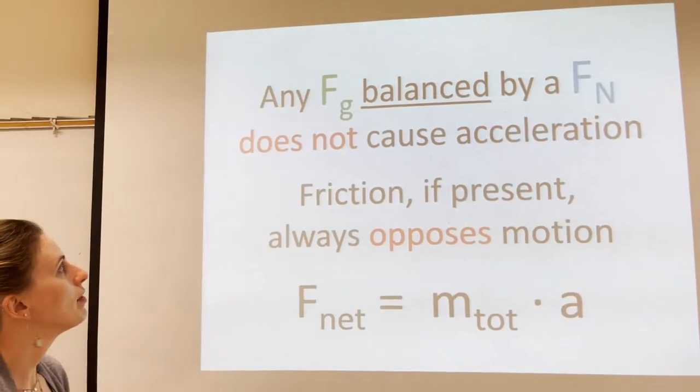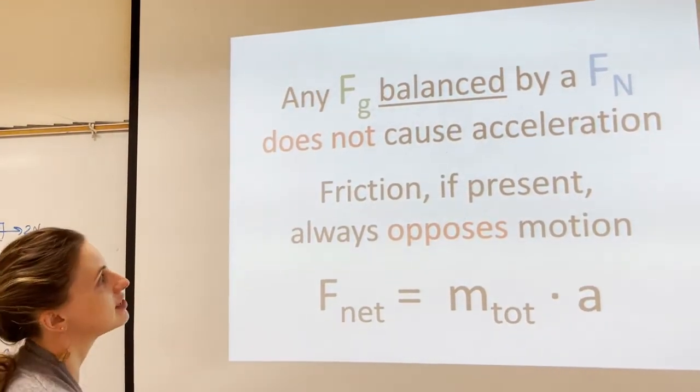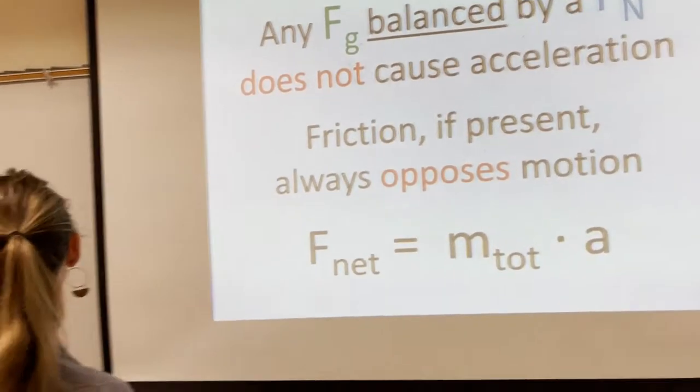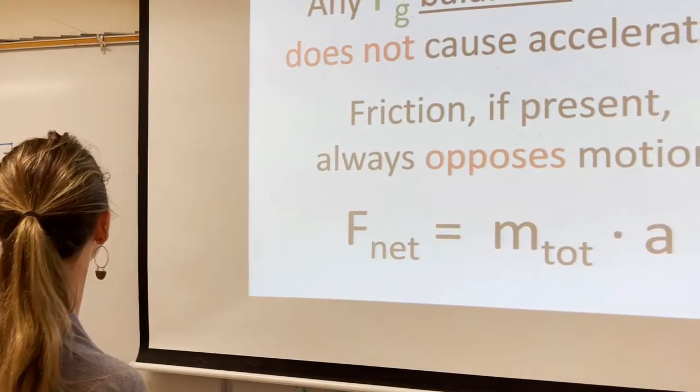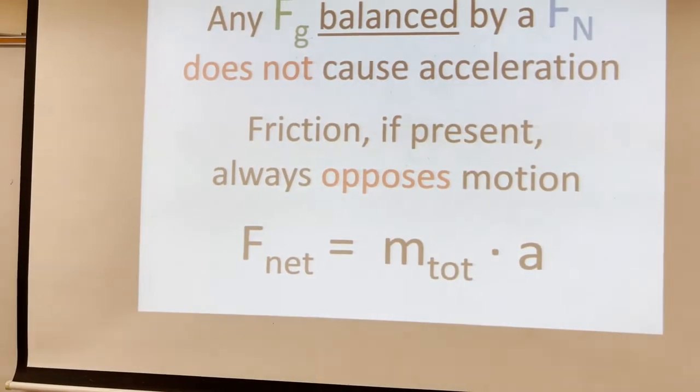Okay. And then any force of gravity balanced by a normal force does not cause acceleration, which we saw with our mass on our scale. And friction, if present, always opposes motion.